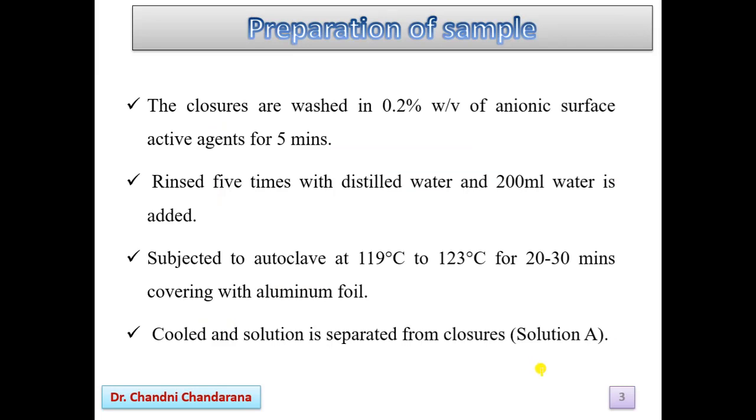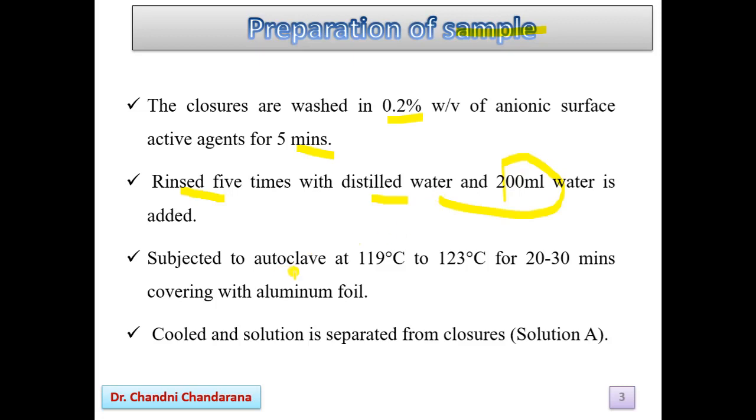So first of all, to perform the tests, we have to prepare the sample. This is how we can prepare the sample. We have to wash the closures in a 0.2% weight by volume solution of anionic surface active agents for 5 minutes. After that, we have to rinse the closures 5 times with distilled water and add 200 ml of water.